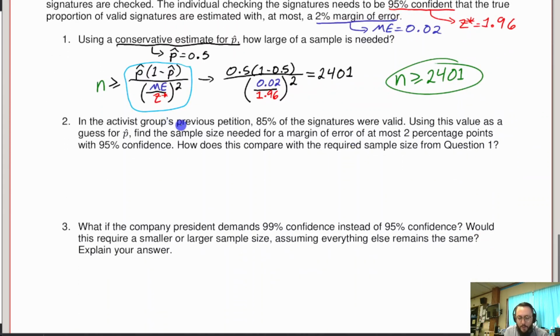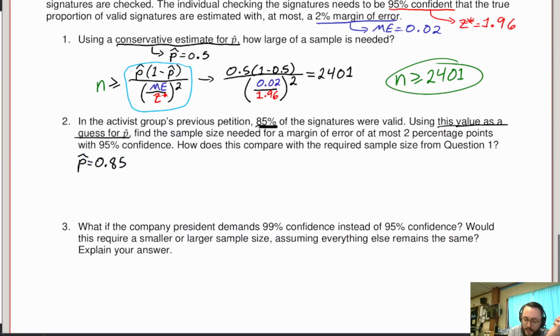Now, in the activist group's previous petition, 85% of the signatures were valid. Using this value as a guess for p hat, so, we knew before that 85% were valid on the previous one, so we're going to go with that 85% as our p hat value instead.